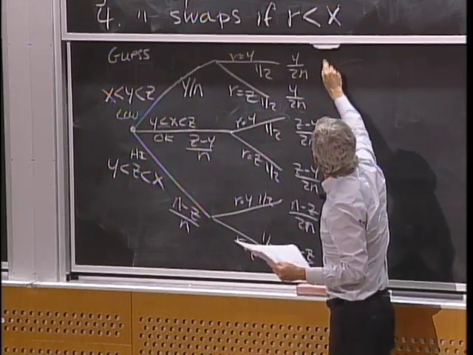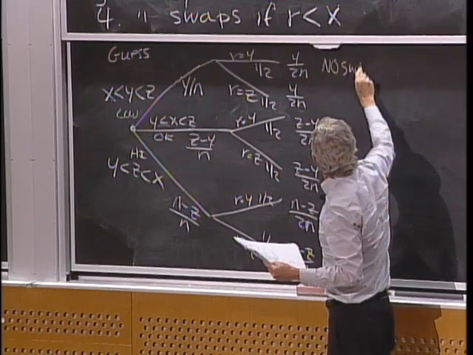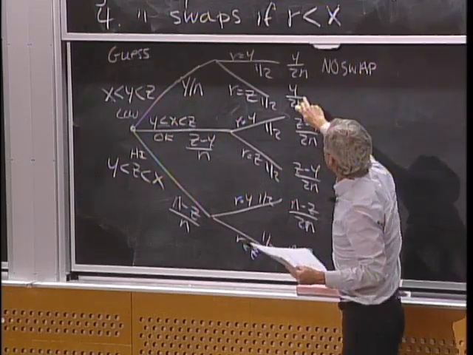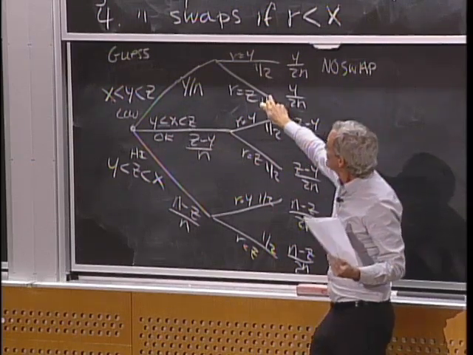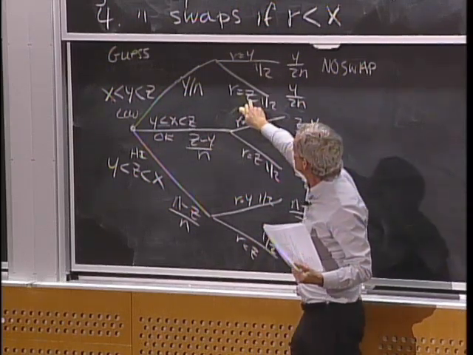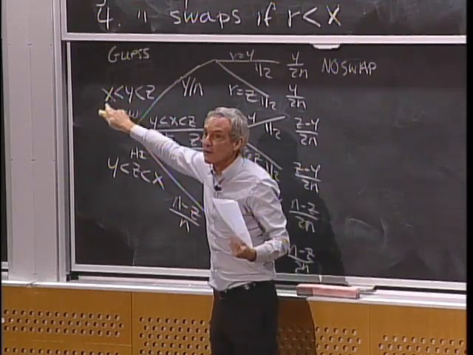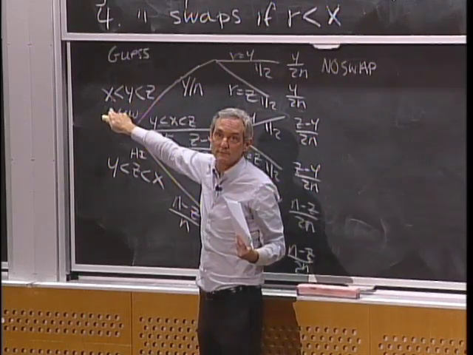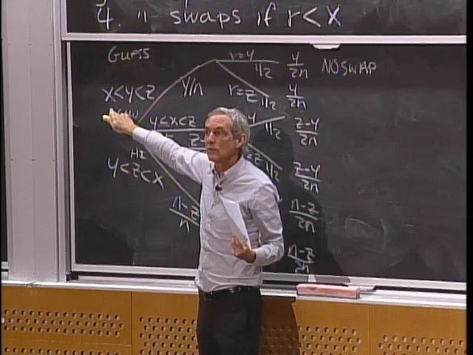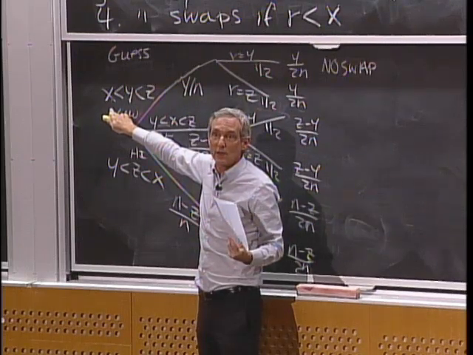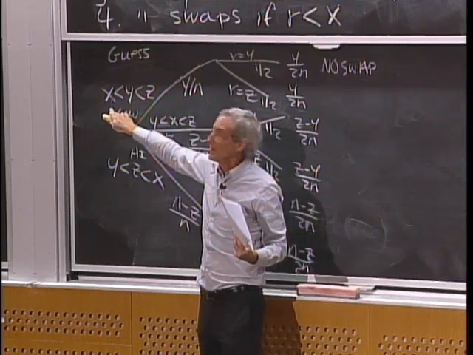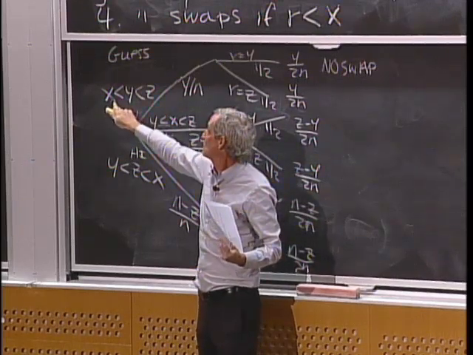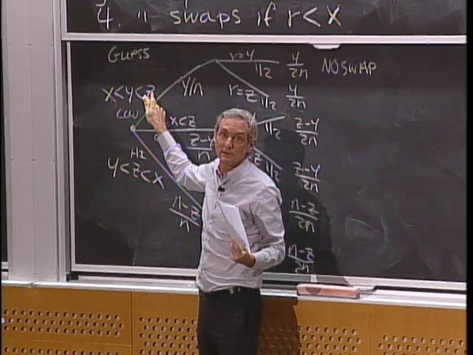All right, so there's no swap. What about here? Do I swap here? No, I opened z. I saw z. Z is bigger than what I think the midpoint is. So I wouldn't swap. I only swap if the value I reveal is less than my guessed midpoint. If I see a value bigger than my midpoint, I think I've got the big one.